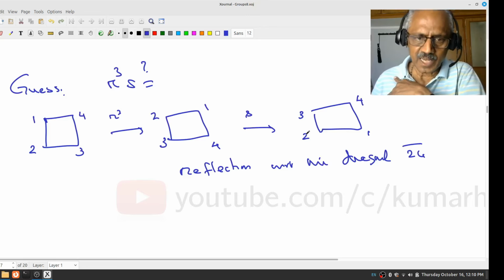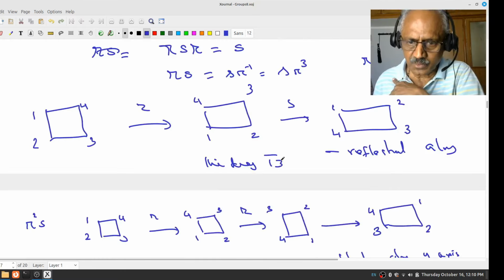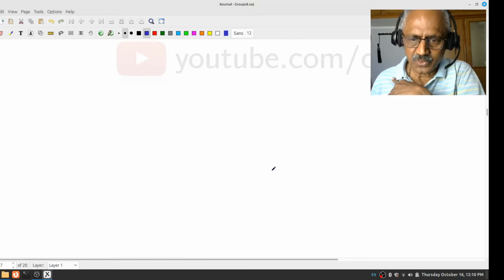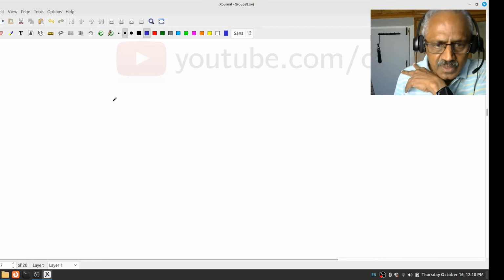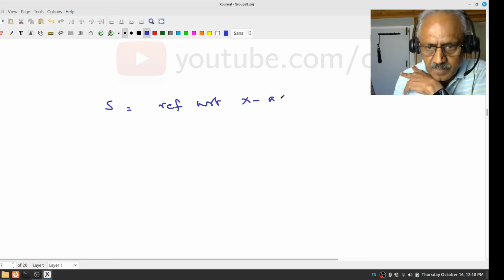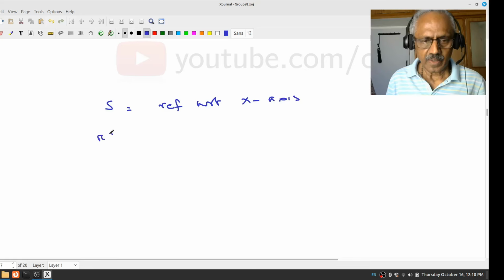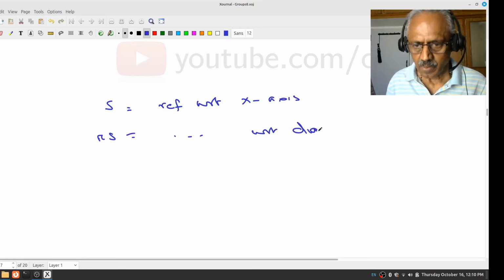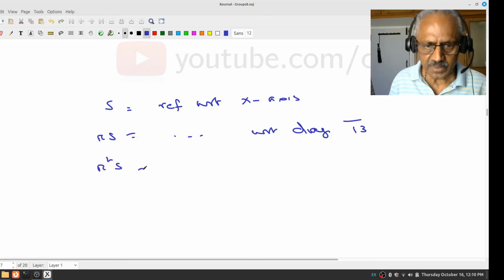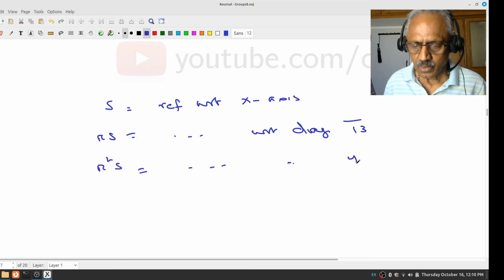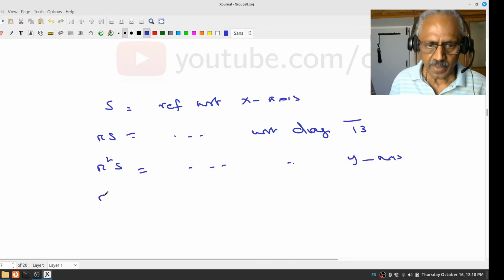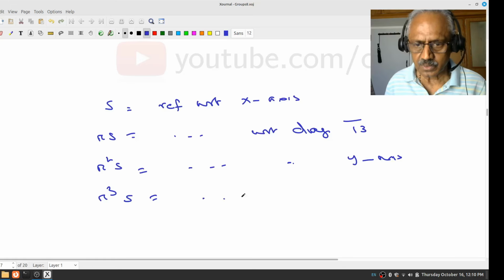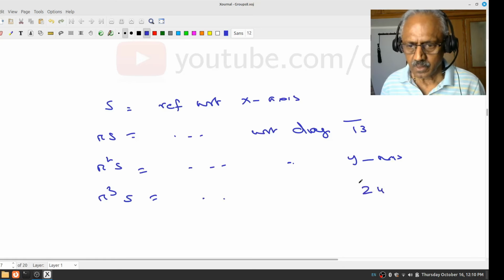The last one, RS, was the diagonal with respect to 1, 3, and R squared. So, let us quickly do this. S is reflection with respect to the x-axis, and RS is reflection with respect to the diagonal 1, 3, and R squared is reflection with respect to the y-axis, and R cubed is equal to reflection with respect to the diagonal 2, 4.